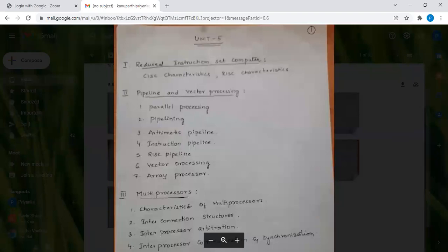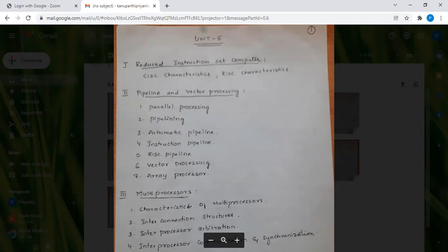It is performed in one single cycle, with hardwired rather than microprogrammed control. These are the different RISC characteristics to achieve our goal, which is to reduce execution time.